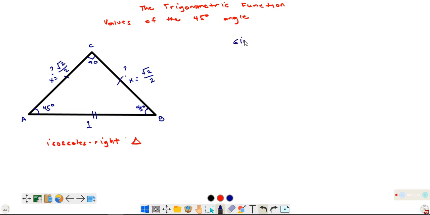Kunin natin si sine 45, cosine 45, at tangent 45. Of course, may degree. Ano ba ang kanyang opposite side? Ano ba ang kanyang adjacent side? At ano ba ang kanyang hypotenuse?